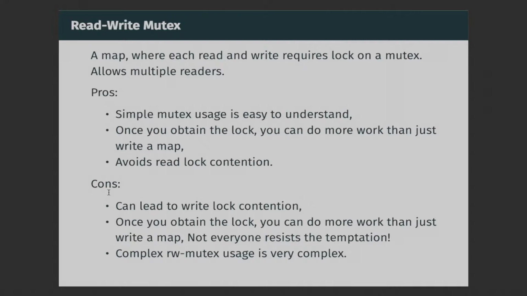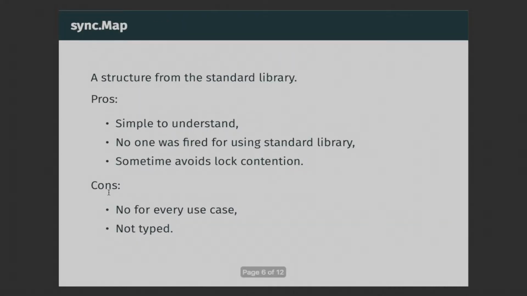Simple usage is, again, easy to understand: you use lock when you write, and you use read lock when you read. But if you do anything more complex, it becomes much more complex, and it can still lead to write contention or lock contention. And as we will see, it's not that efficient.